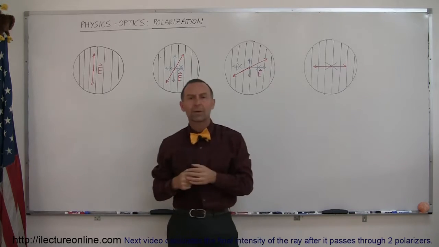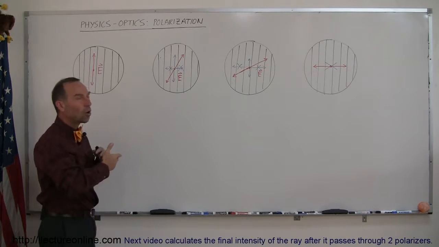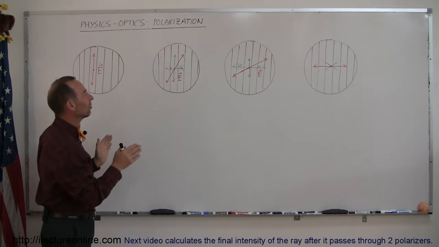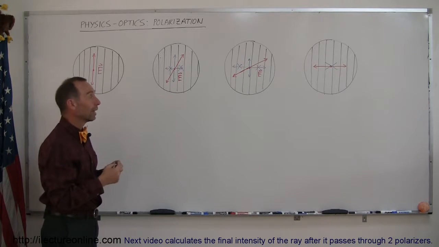Now, since electromagnetic radiation is typically a combination of oscillations in all the various directions, you can then see that on average, half of the light will get through and the other half of the light will not get through.